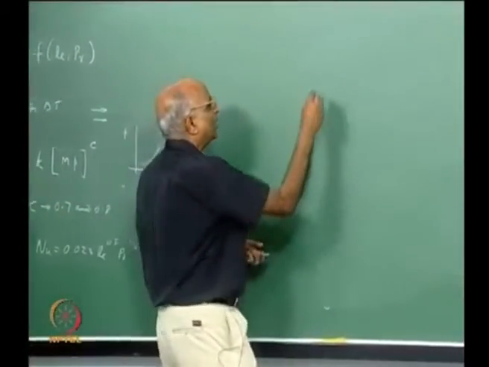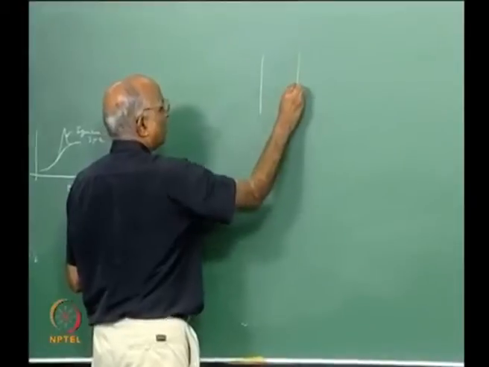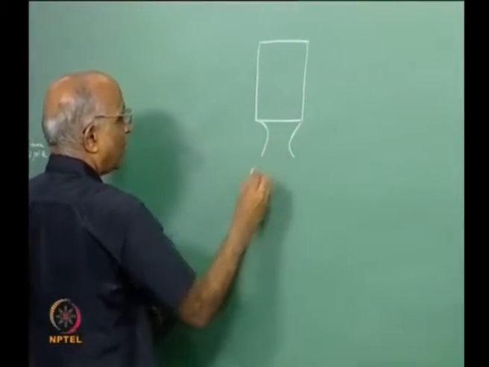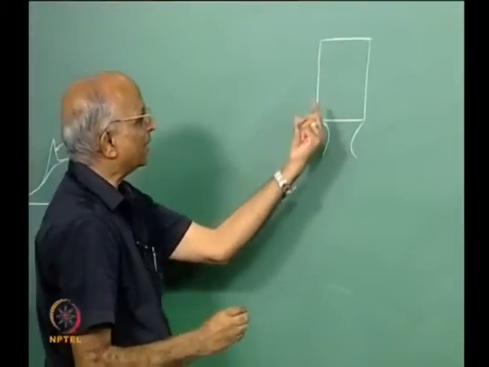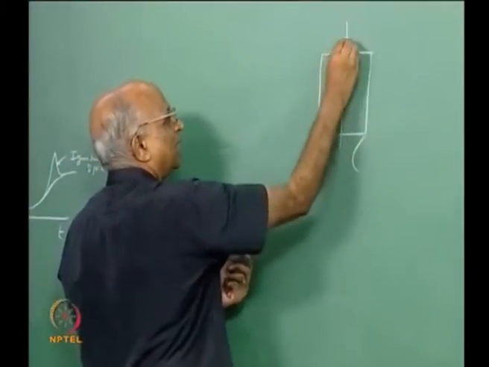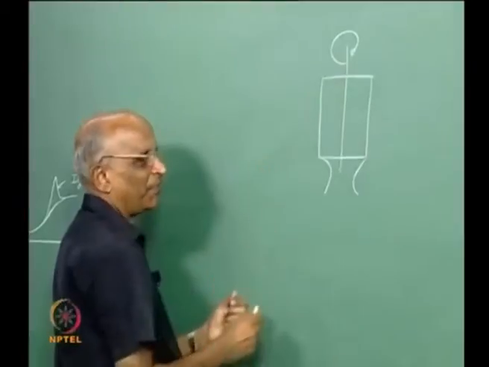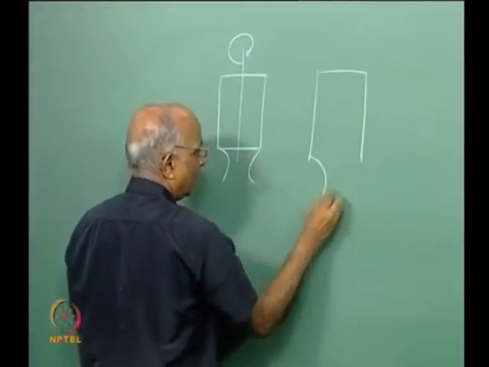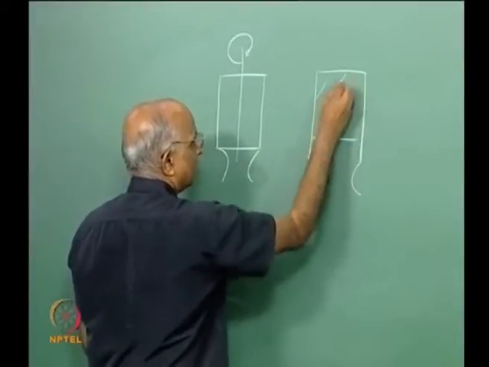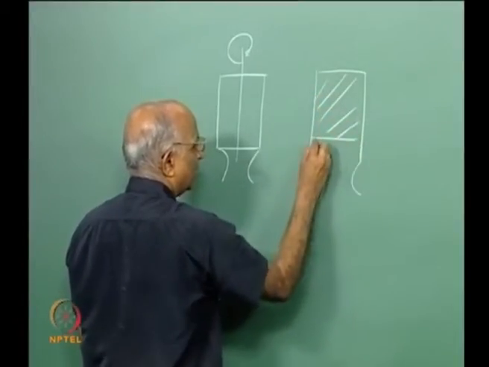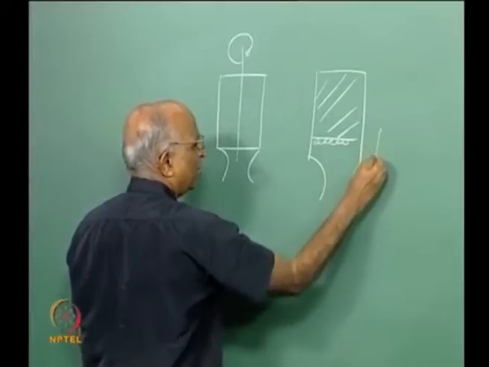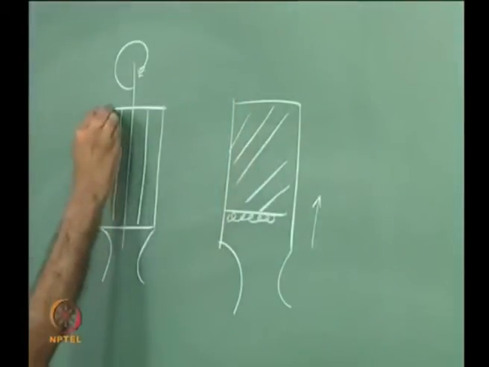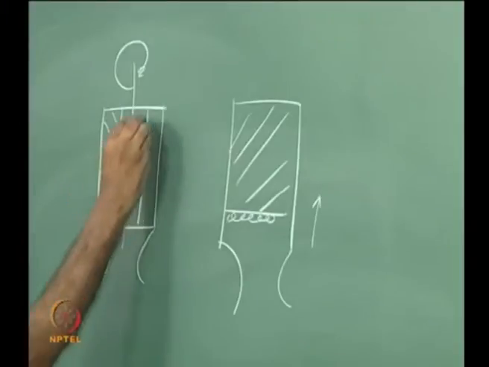Supposing, let us say I am launching a particular solid propellant rocket, it has a nozzle, and to be able to stabilize it, sometimes the thing is spun, it rotates, or rather I have, let us say, an end burning grain, something like this, it is burning over here, it is being launched like this. This is a case wherein I am spinning a radial burning grain over here.